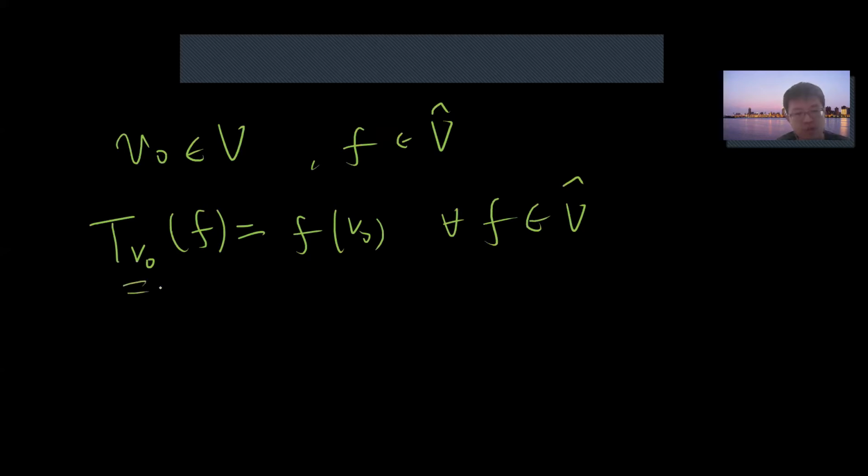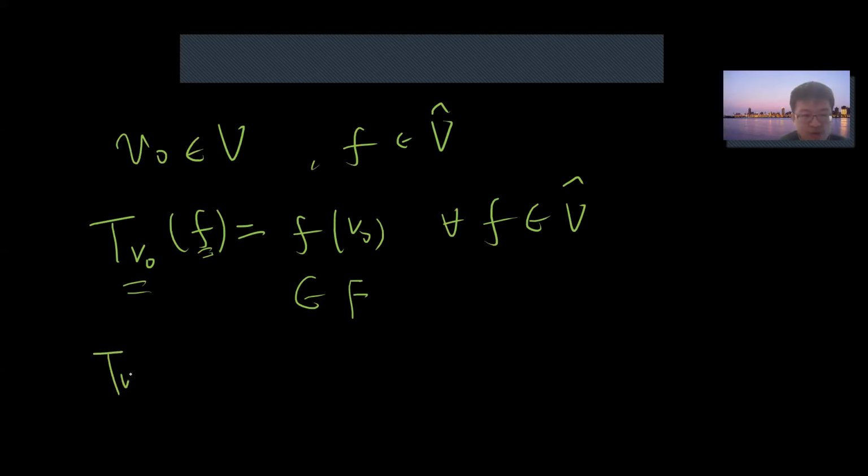So this T v0 is a strange function which acts on V hat as its variable, but maps to F of v0, which is just a number in the field F. This is just a definition.